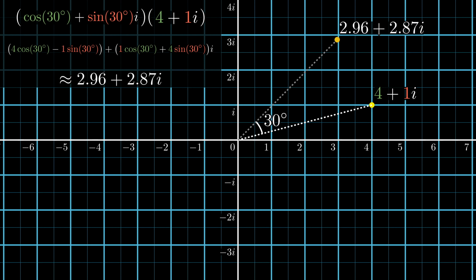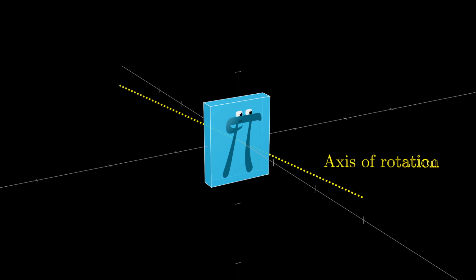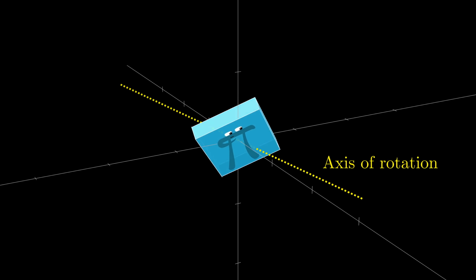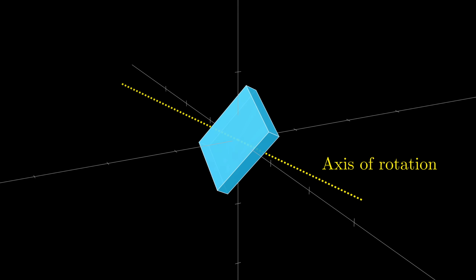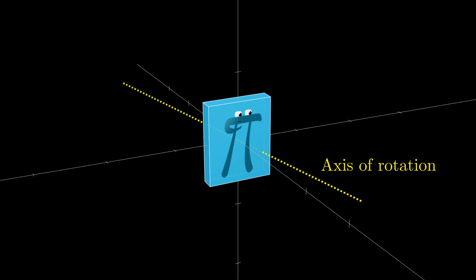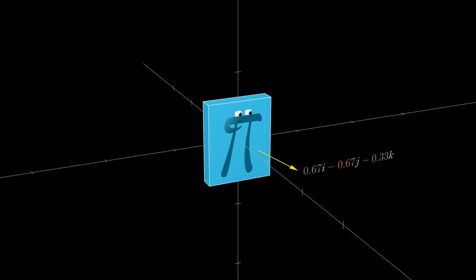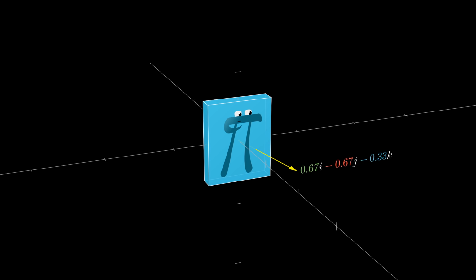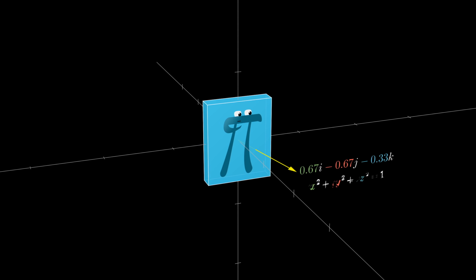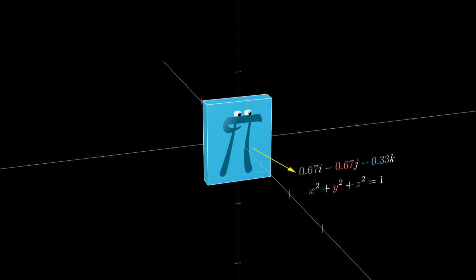Using Quaternions to describe 3D rotations is similar, though the look and feel is slightly different. Let's say you want to rotate some angle about some axis. You first define that axis with a unit vector, which we'll write as having i, j, and k components, normalized so that the sum of the squares of those components is 1.